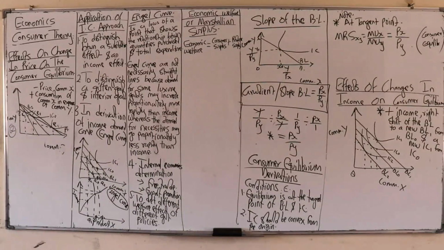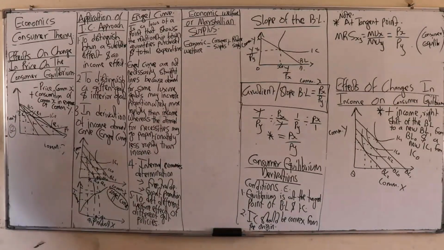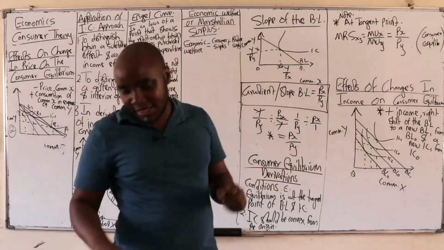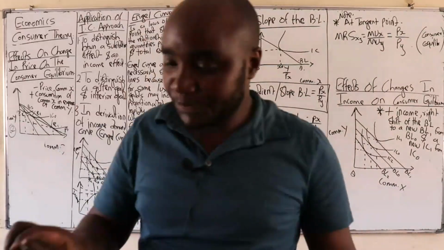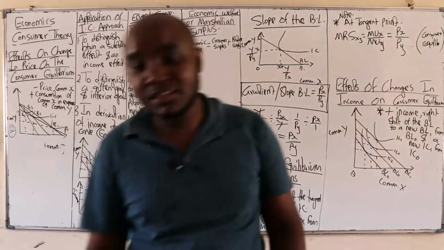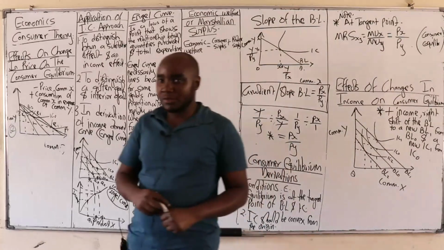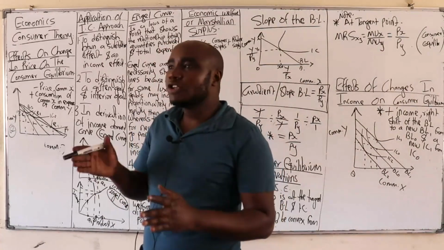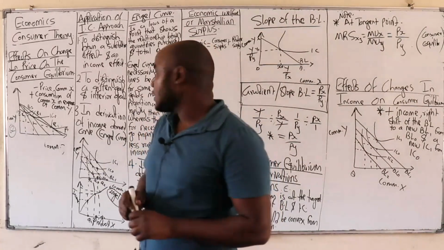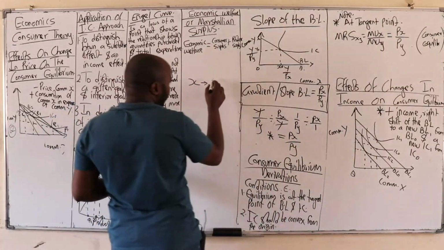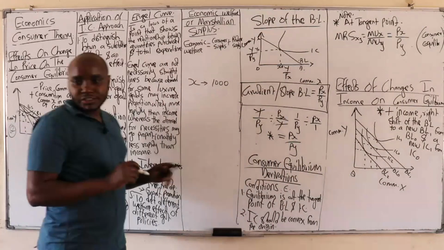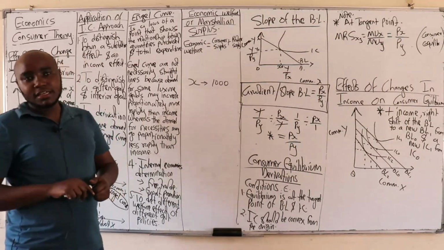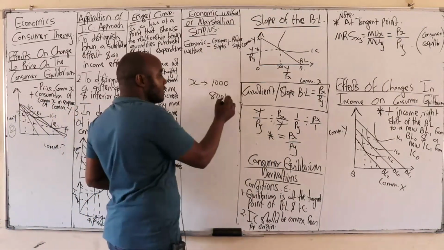So let's talk about the consumer surplus. It's like you have gone to the market to purchase a commodity. To your perspective, this commodity X is probably 1,000 Kenya shillings. Then you later find out that this commodity is just 800 Kenya shillings.